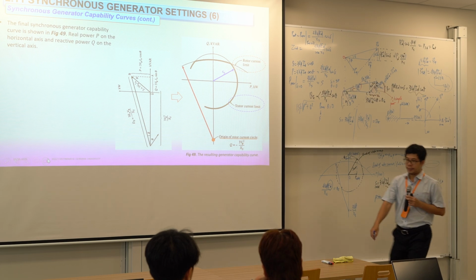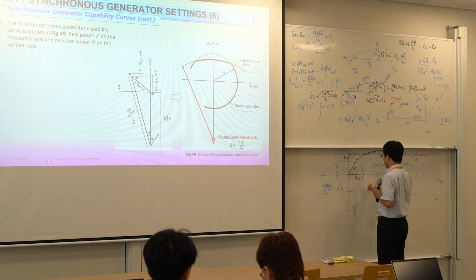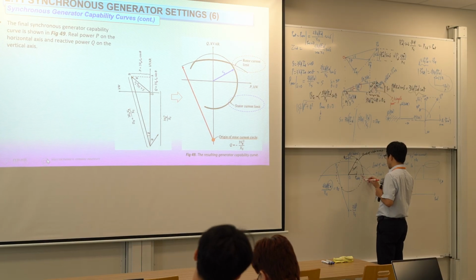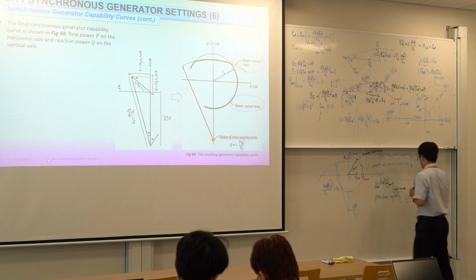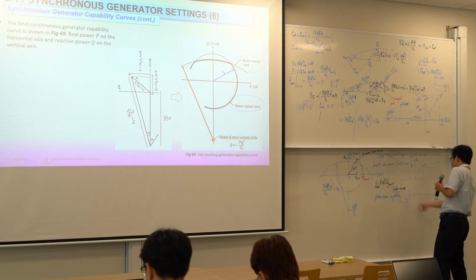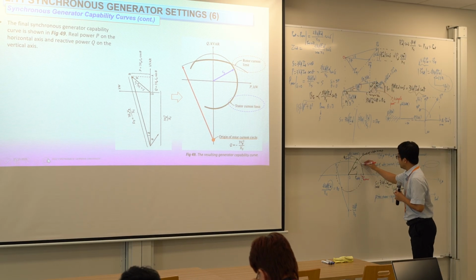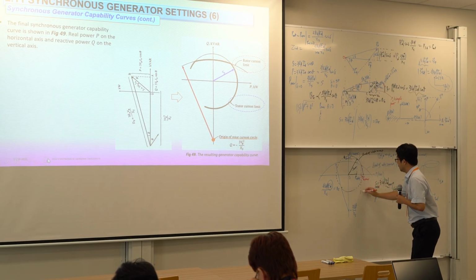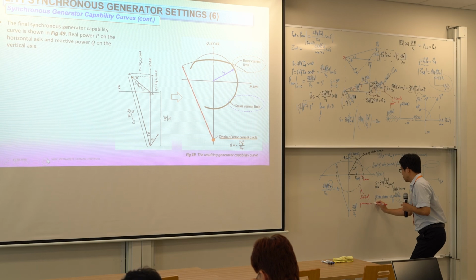So that is the reason. For example, here is the maximum input power of the synchronous generator, because when we increase the power of the prime mover, that means we increase the power of the synchronous generator. So now we have the limitation of prime mover capability.